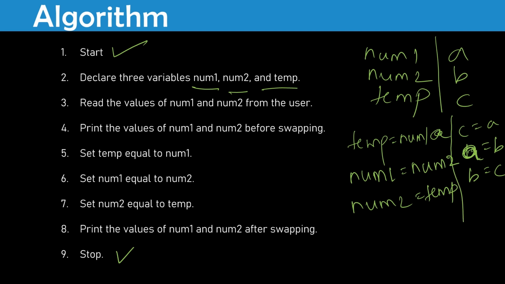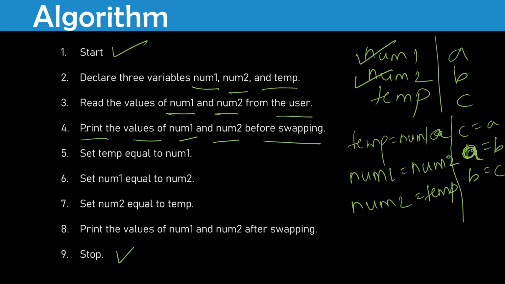First we need to know what num1 and num2 are, so read the values of num1 and num2 from the user. After that we need to tell the user what the values are, so print the values of num1 and num2 before swapping, because we haven't done anything yet.